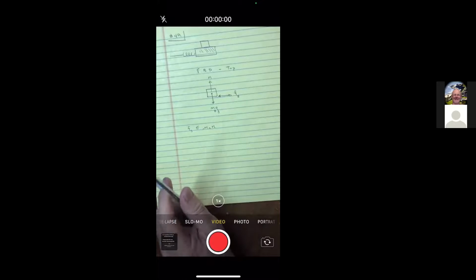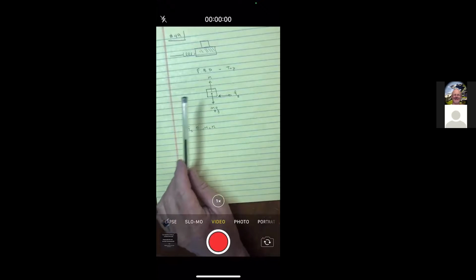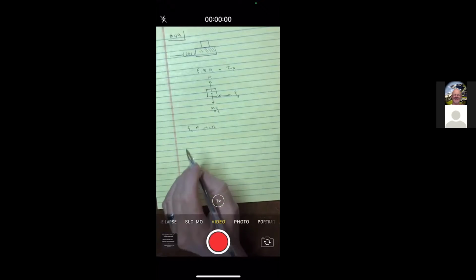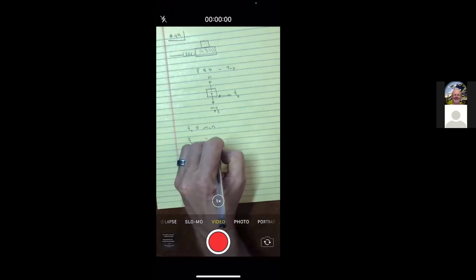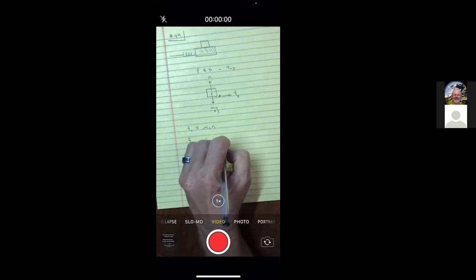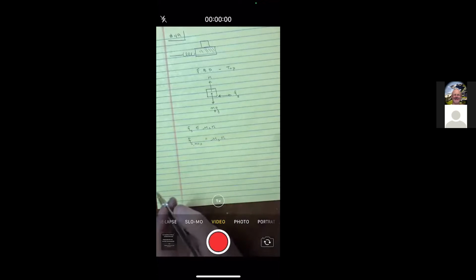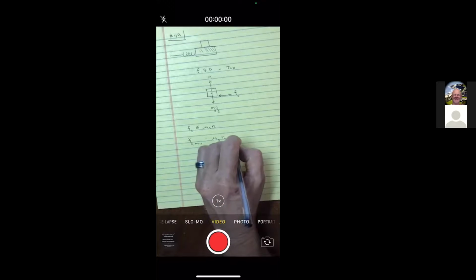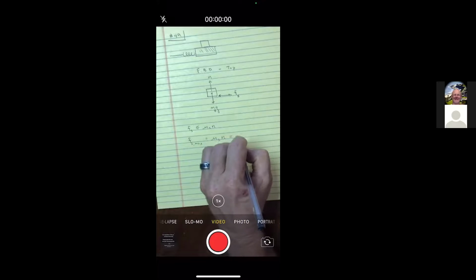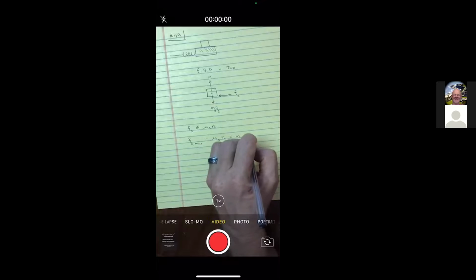So static friction can be a small value up to a maximum value. Right. So this block then, maximum static friction would be normal times the coefficient of static friction. You might say that would have to equal mass of block B times the maximum acceleration.